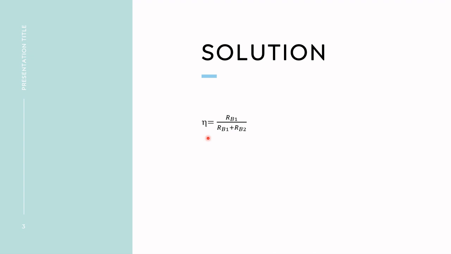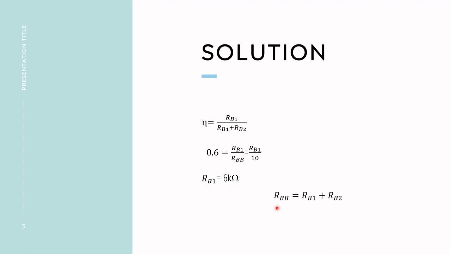Eta is the intrinsic standoff ratio, and this value is given in the question paper, that is 0.6. So that is equal to RB1 divided by RBB. RBB is the inter-base resistance, equal to 10 kilo ohm, which is also given in the question paper. So we get RB1 equal to 6 kilo ohm, right?